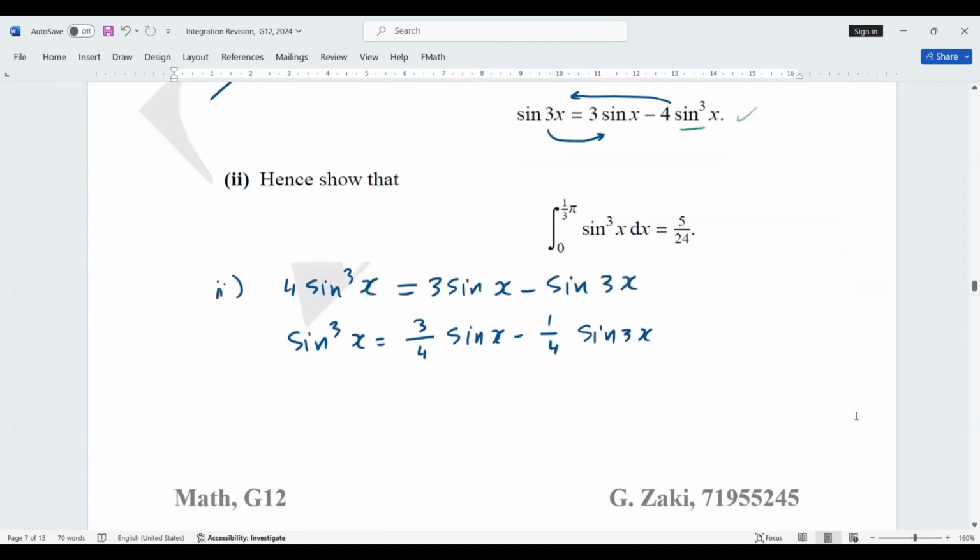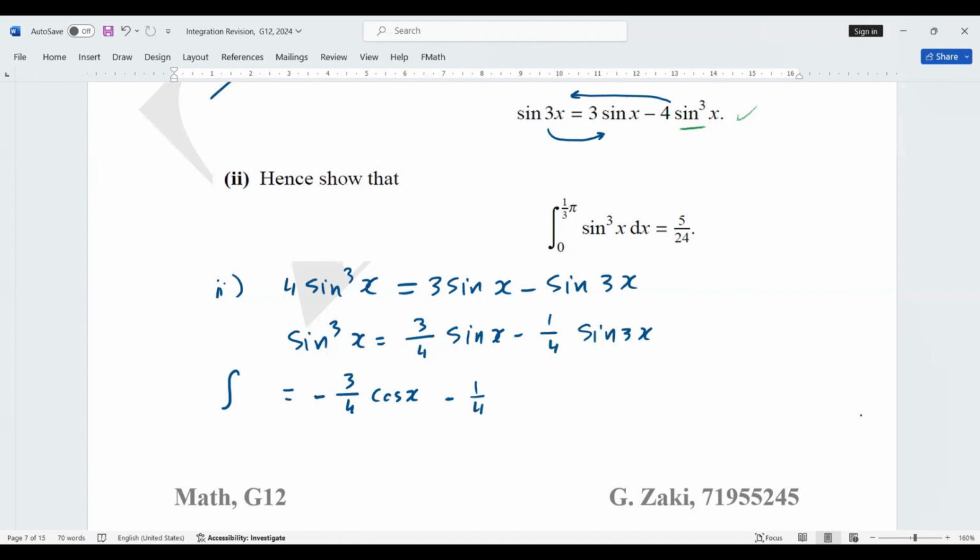Now we need to integrate. So the integration of this one equals: integration of sine is minus cosine. So this is minus 3 over 4 cosine x minus quarter.